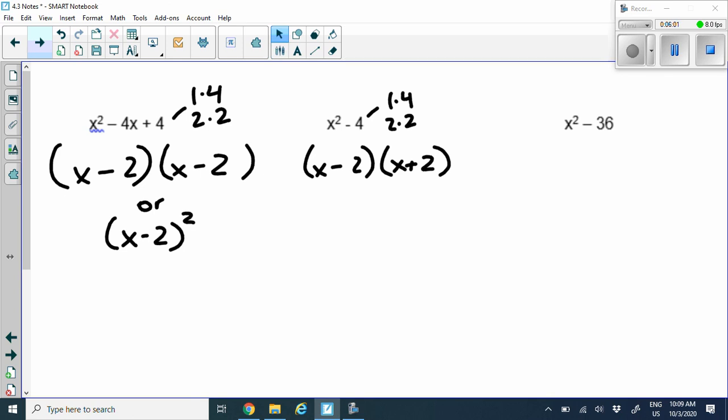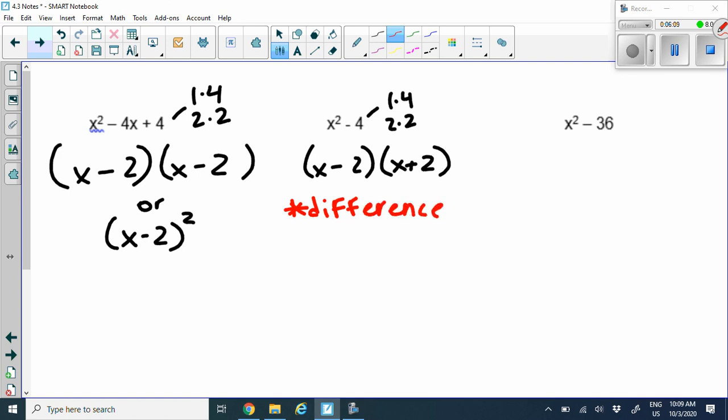Now, this is actually a special type of factoring. This is what we call a difference of squares. Please write this down, because I'm going to refer to this quite a bit. So a difference of squares is a binomial that you're going to factor. You're going to have the x squared, and you're going to have the constant.